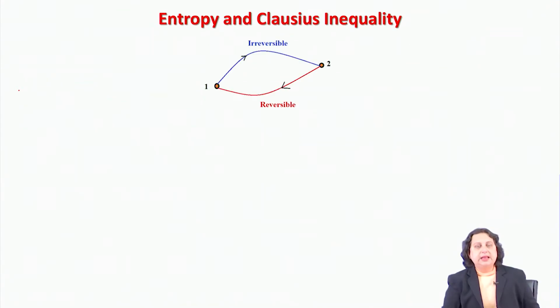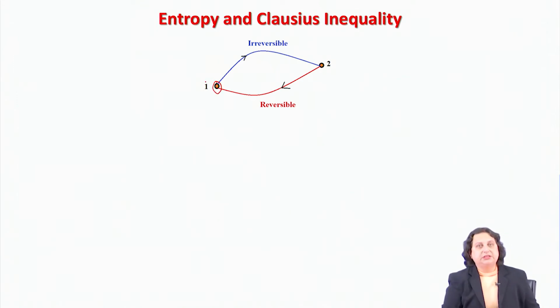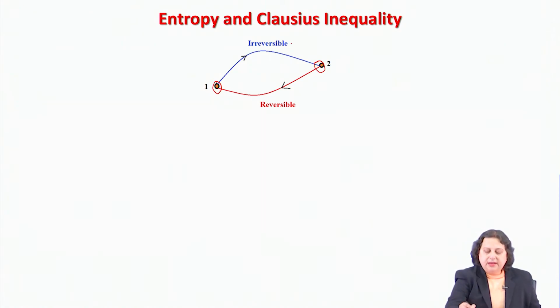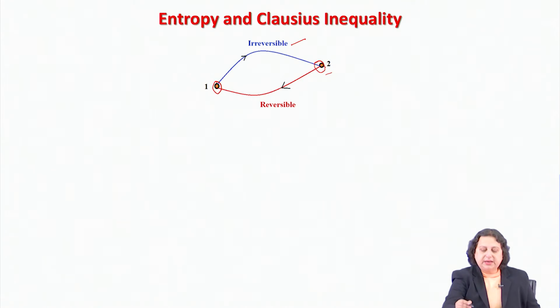Now moving ahead, let me take this example where the system starts from an initial equilibrium state 1, goes to another final state 2 by following an irreversible path. And then the system is brought back from state 2 to state 1 following a reversible path.